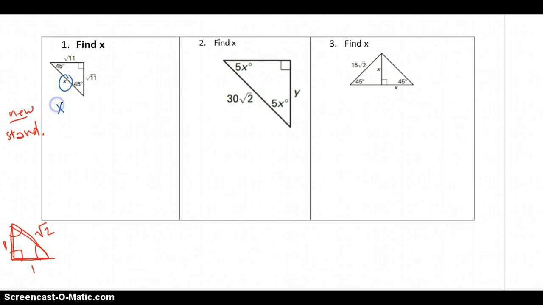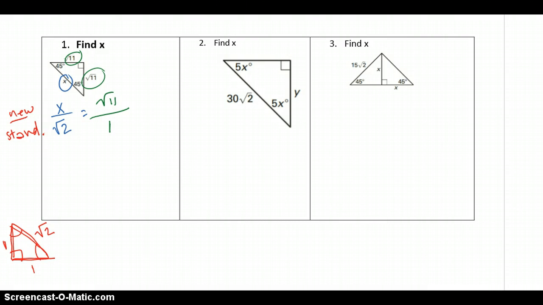Okay. My new triangle, the hypotenuse is x. In the standard triangle, the hypotenuse is always square root of 2. I can set this equal to a proportion I set up for the legs of the triangle. In my new triangle, each of the legs is square root of 11. In my standard triangle, the legs are a length of 1. Now I have two fractions equal to each other. Write this down.